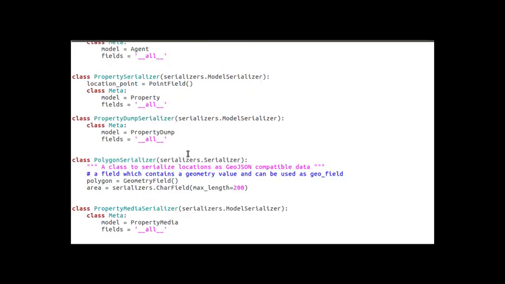This is the basic structure that you need to follow in order to create a new serializer. We first start with a class, we call it property dump, followed by serializer, and then serializers.ModelSerializer. This is going to have a class Meta, and then we set the model equal to the model name, which in this case is property dump, and then the fields that we're going to be serializing, which in our case are all of them.